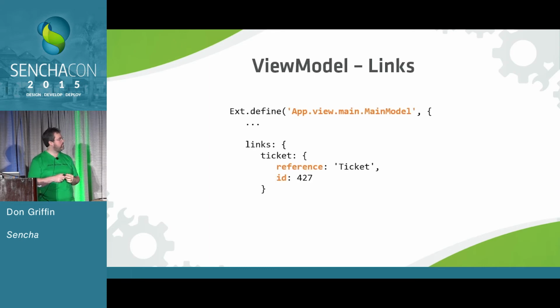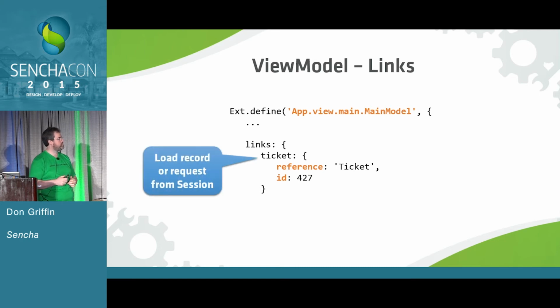But the fundamental form of it, if you know, let's say a query string value is how you know that I'm supposed to be looking at ticket 427, I can put that in here and say my link's a reference to a ticket with ID 427, and that ticket will then show up as a record as soon as the record is loaded. It will look in the session if there is one associated, but that's how it's going to get the value and supply it. So ticket is the name of the value, and the loaded record is its result.